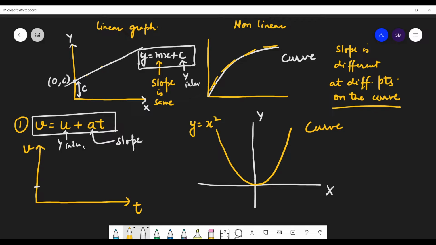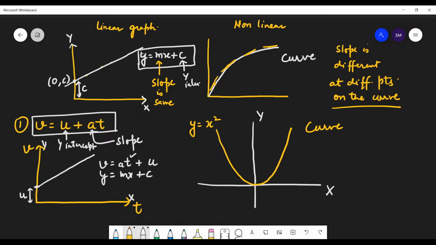So it means this y-intercept, this is u. So I can write it as v equals to at plus u, isn't it? y equals to mx plus c. So x-axis time, y-axis v, a is the slope.